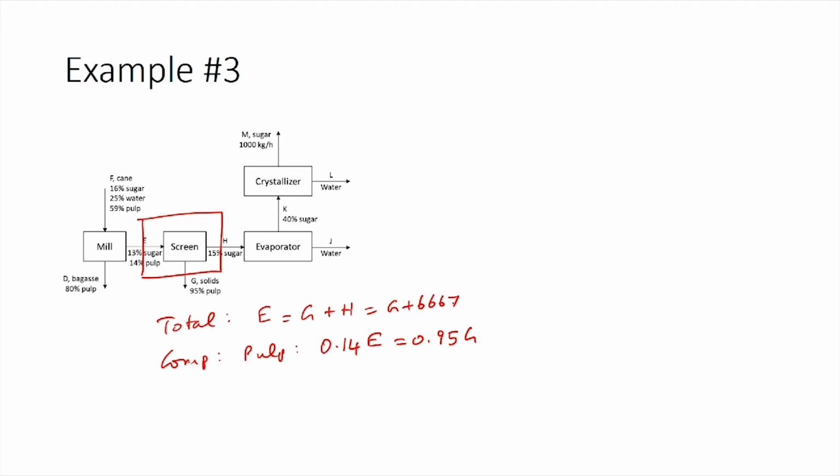So, now you have two equations and two unknowns. You can solve for E and G and you would end up with E equals 7819 kilograms per hour, and you will get G as 1152 kilograms per hour.